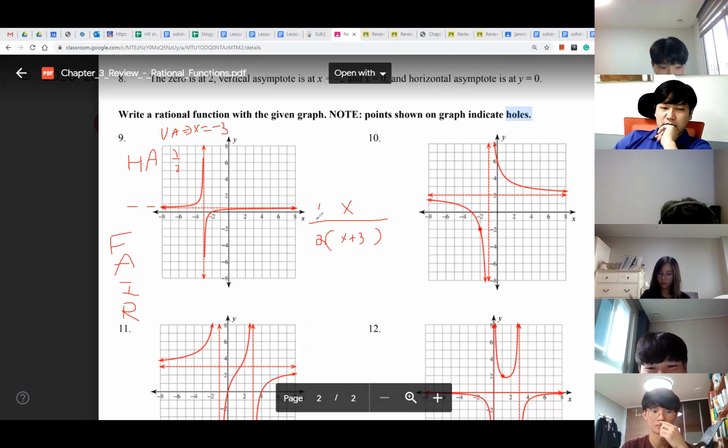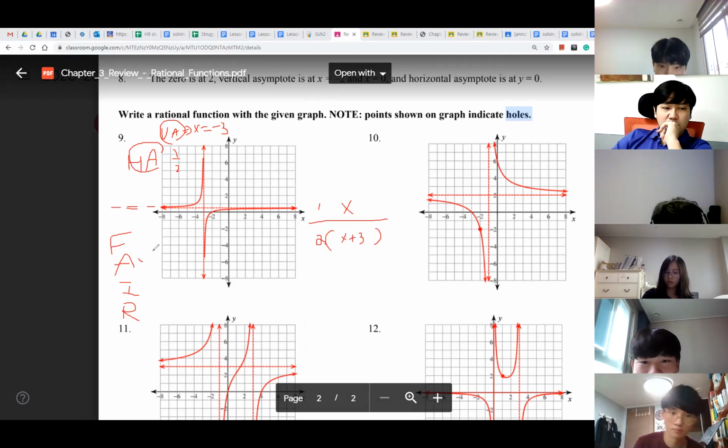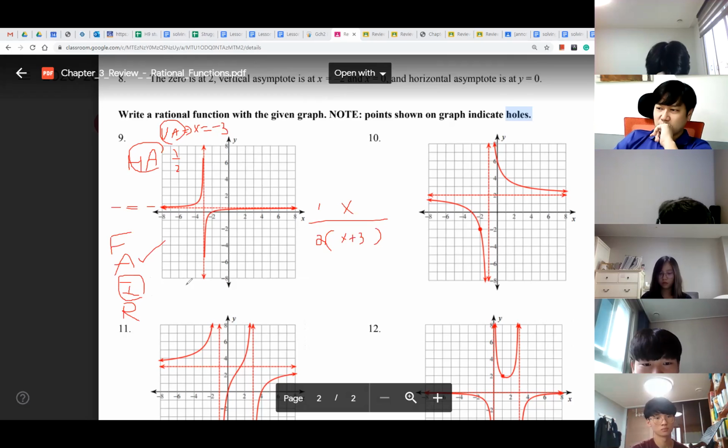Can you give me the last hint from the graph? Actually, I can help Robert. Robert, the horizontal asymptote and the vertical asymptote are the only things we got so far. But what about this part? Can this help us write the function?